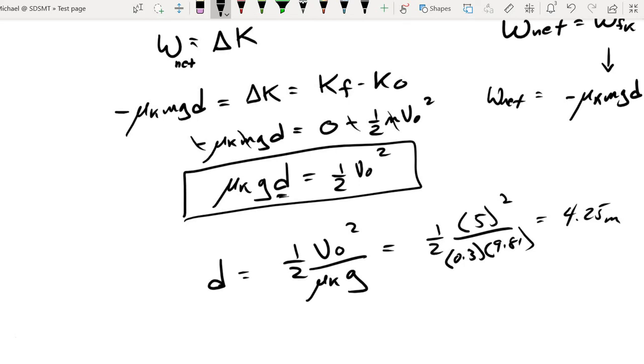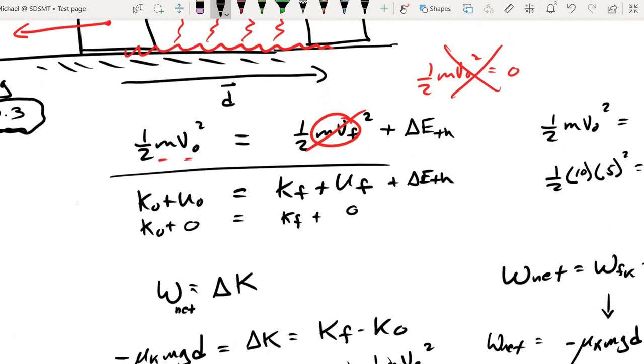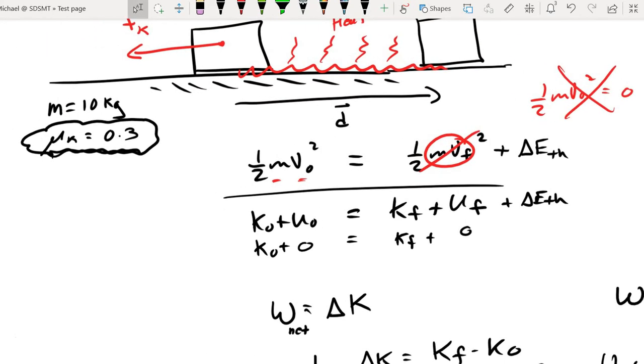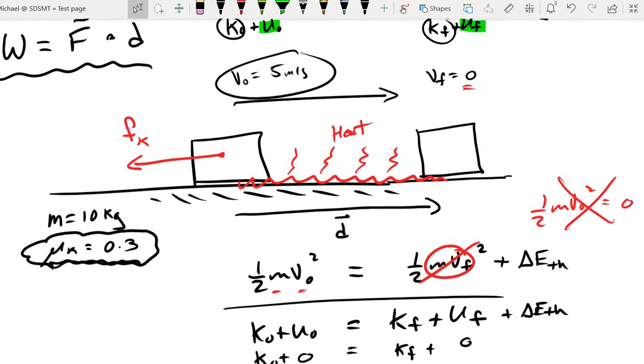So given the initial velocity and the coefficient of friction, we can actually work out and predict what the stopping distance of that object is.